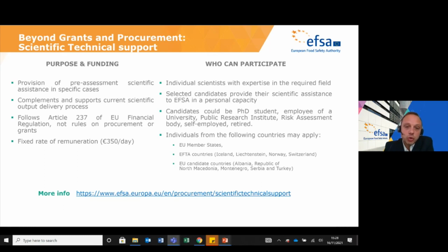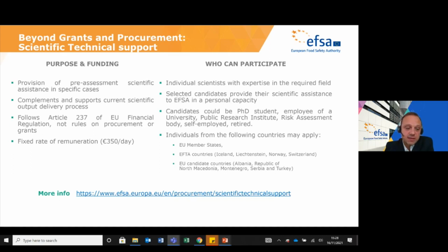At the moment, we have 2 lists open. We have one specific to novel food and nutrition sources, and then we have a larger one embracing most areas of EFSA operation, really. And I think both lists will be active until 2024. So they launched in 2020 and will be open until 2024.